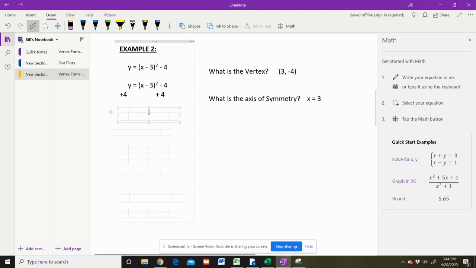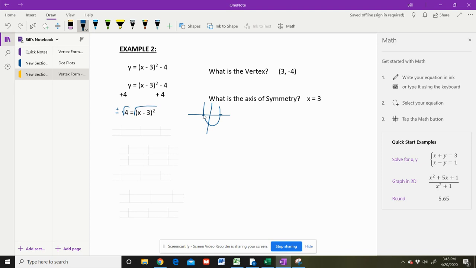So I end up with 4 equal to (x minus 3) squared. To get rid of this square right here, I want to do the square root on both sides. Remember, when I do the square root on this side, I want to put a plus or minus in front of it. I've got 2 roots, right? 2 roots means my parabola is going to go through the x-axis twice.